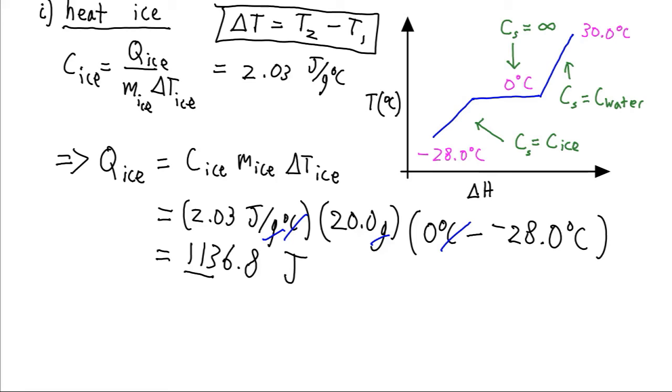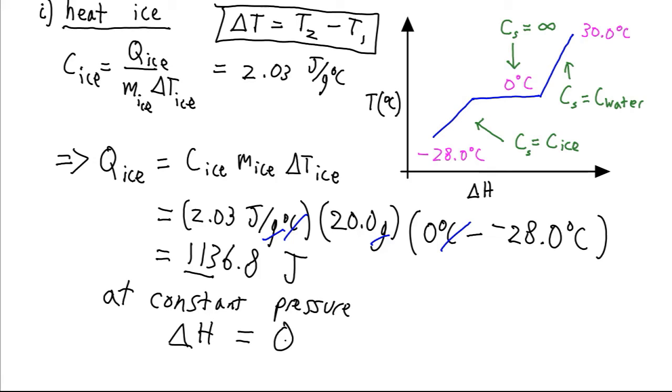Now there's a useful trick here, which seems really simple. If we are at constant pressure, then we have this really handy equation that the change in enthalpy is exactly equal to the change in heat energy for our system.